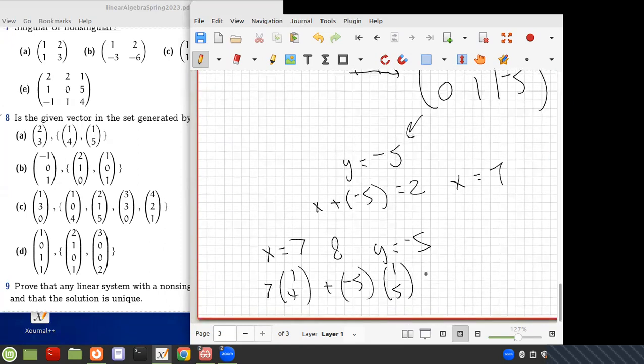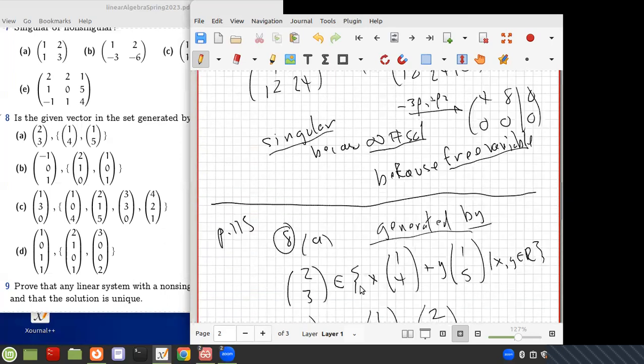Well, 4 sevens is 28, plus minus 25, and 7 minus 5 is 2, and 28 minus 25 is 3. So it does equal (2, 3).